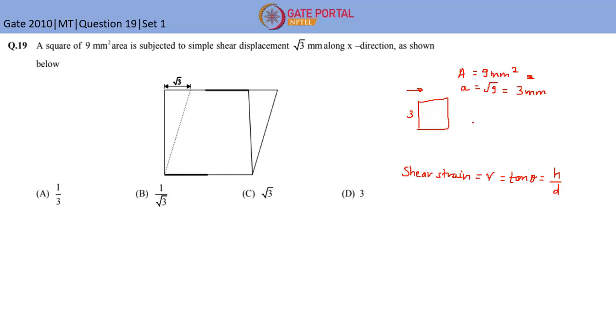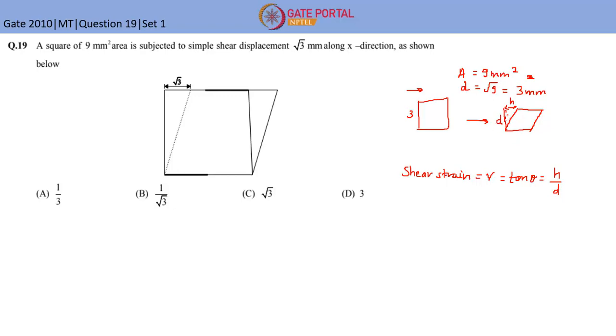So this will turn into something like this. Basically this is given by h, how much displacement we gave in shear, and the initial height of the rectangle, or in this case square, is d. So this is d.